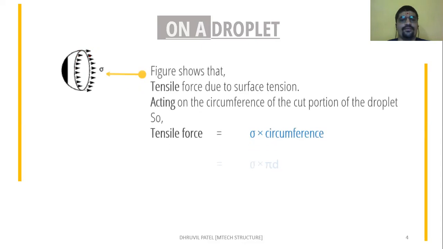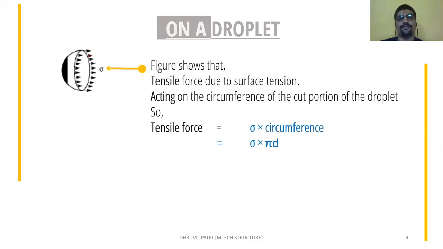The figure shows that the tensile force is due to surface tension, acting on the circumference of the cut portion. How is there tensile force due to surface tension? Can anyone explain to me?